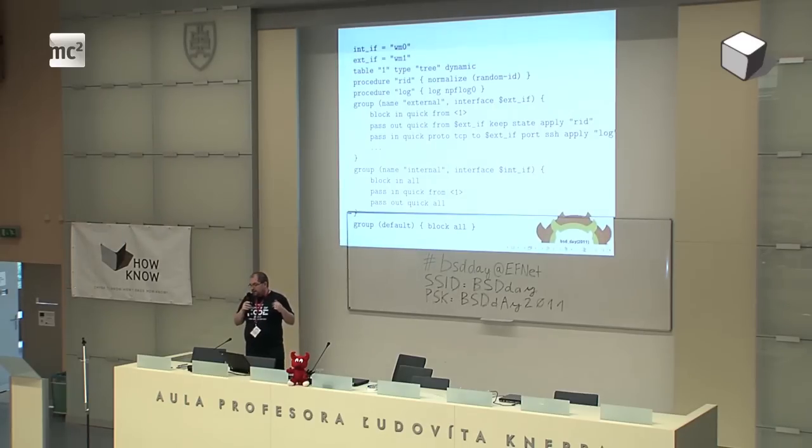We would pass out every packet going out, but we would randomize their ID, and we would keep their state. And we would log every SSH connection coming inside. On the internal group, we block everything coming in and everything going out via lo0.